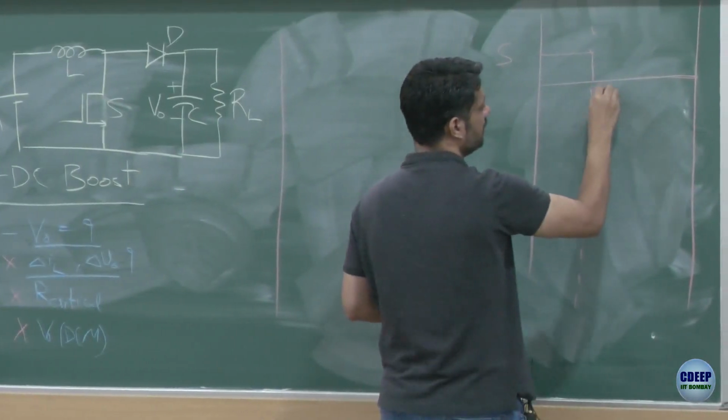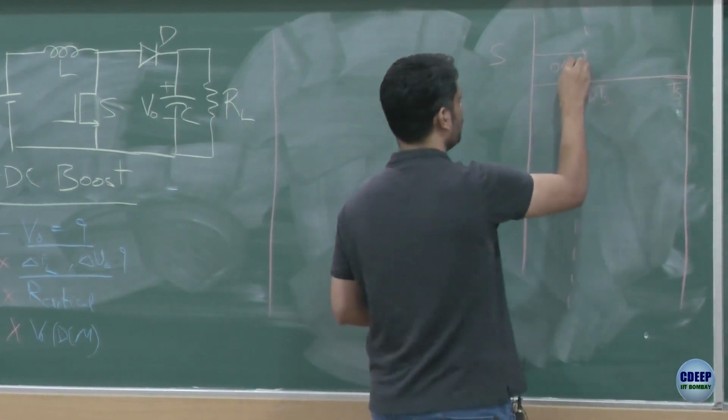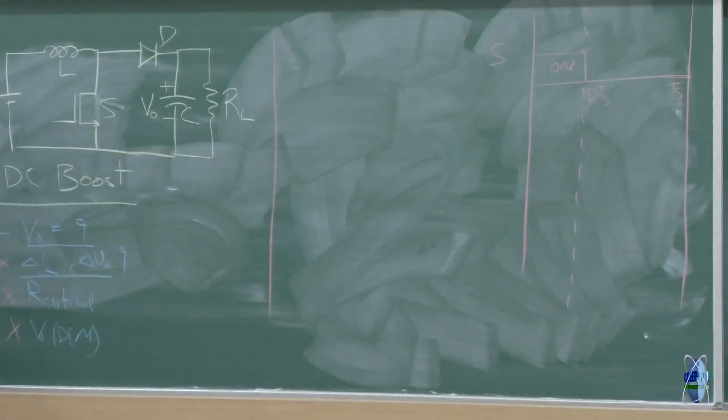So this is D times Ts, this is Ts, the MOSFET switch is on for the first D times Ts, and then it is off.